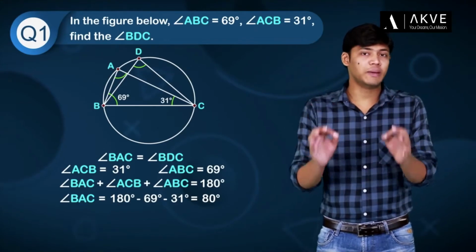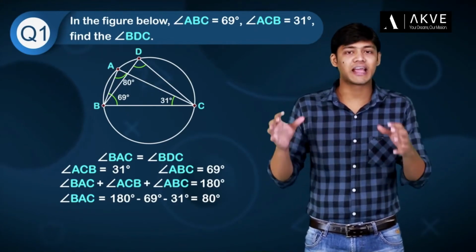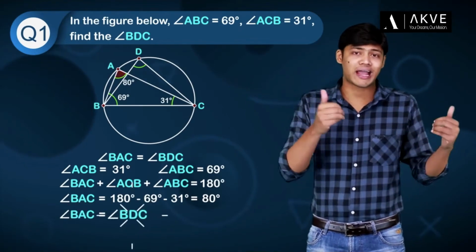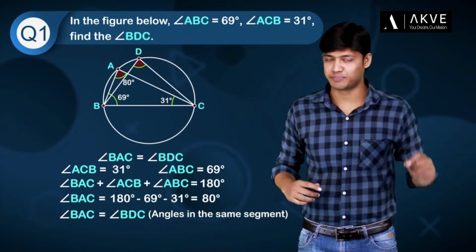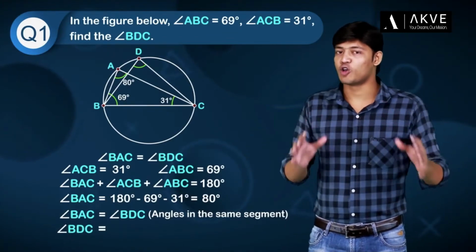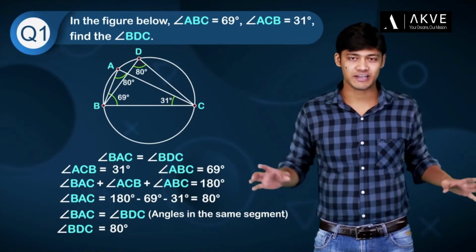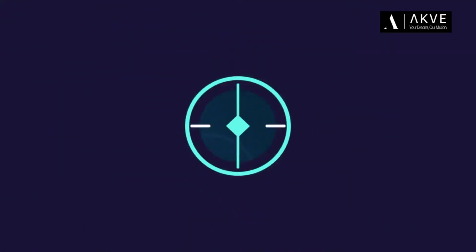So the angle BAC is 80 degrees. Now we also know that the angle BAC is equal to the angle BDC, since they are the angles in the same segment. Therefore the angle BDC will also be equal to 80 degrees. That's it. We have successfully completed this problem.